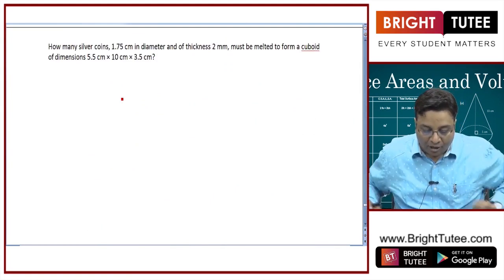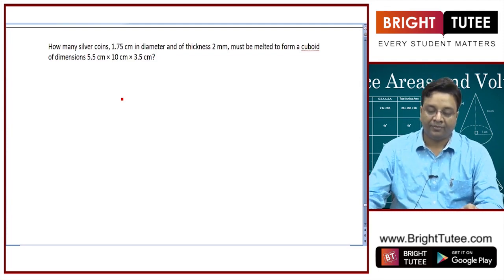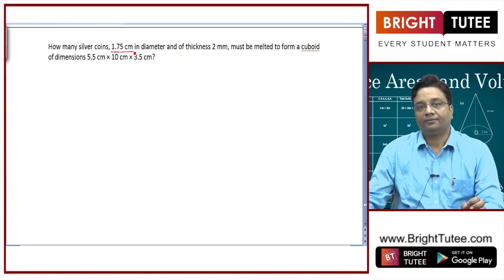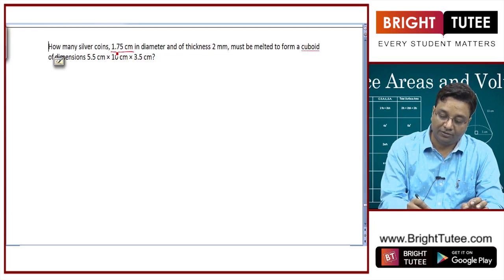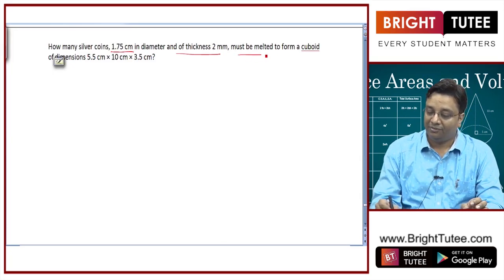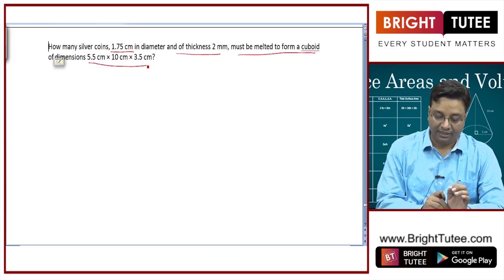All right, so the next question is, how many silver coins, 1.51. The question here is, how many silver coins 1.75 centimeter in diameter and of thickness 2 mm must be melted to form a cuboid of these dimensions, right?